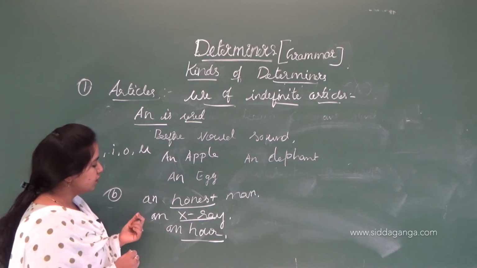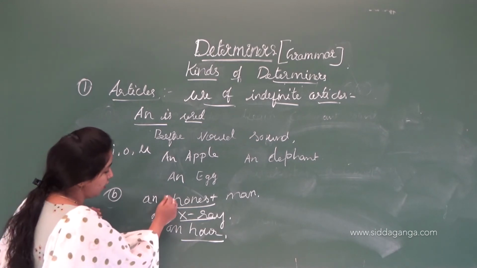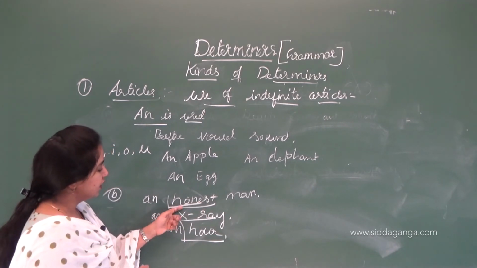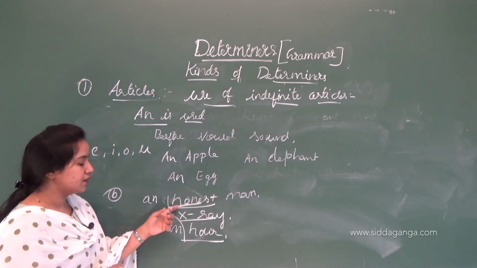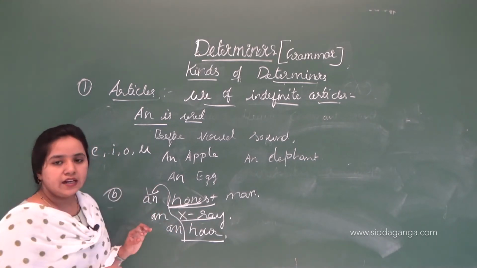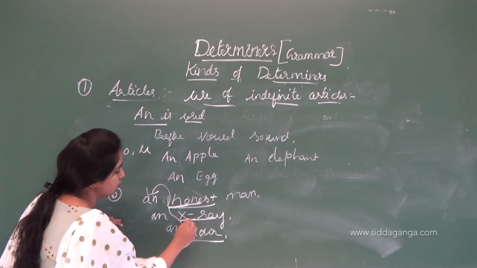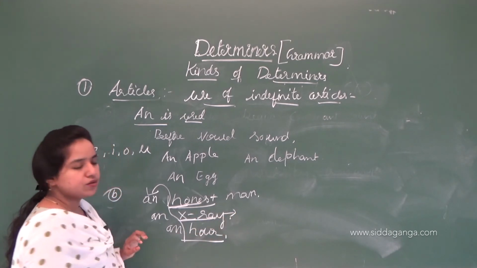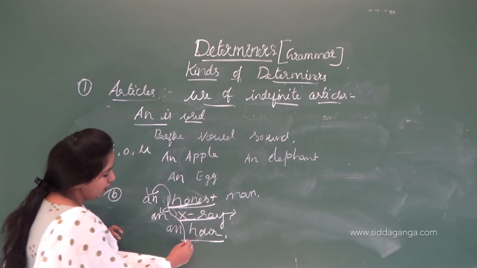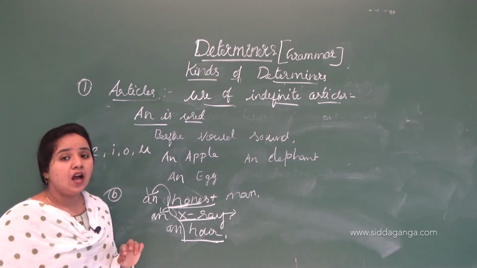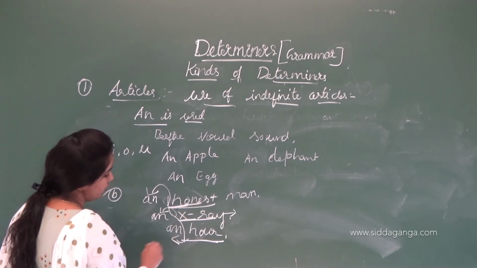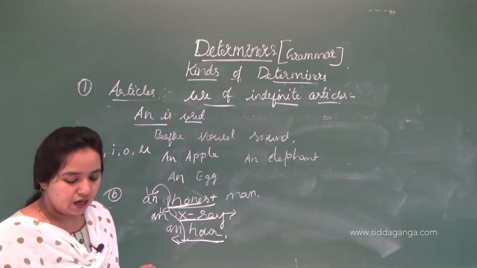We use "an" because it begins with a vowel sound. H is described as a ha sound, a consonant sound, but in "honest" and "hour" the H is silent, so we use the indefinite article "an". For X-ray also, it starts with a vowel sound, so we use "an". I hope you have understood this.